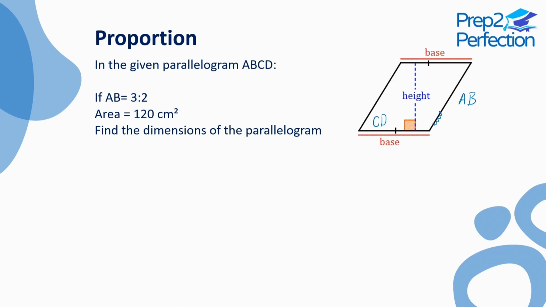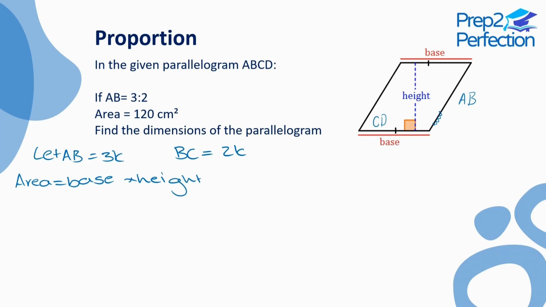Given the parallelogram ABCD, if AB to BC is 3 to 2, and the area is equal to 120 centimeters squared, find the dimensions of the parallelogram. So we're going to let AB equal 3K and BC equal 2K. Then we're going to use the area formula to work out the dimensions. We know that area for this type of parallelogram is base times height.